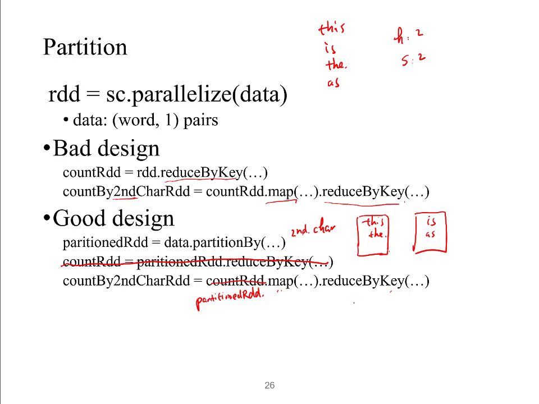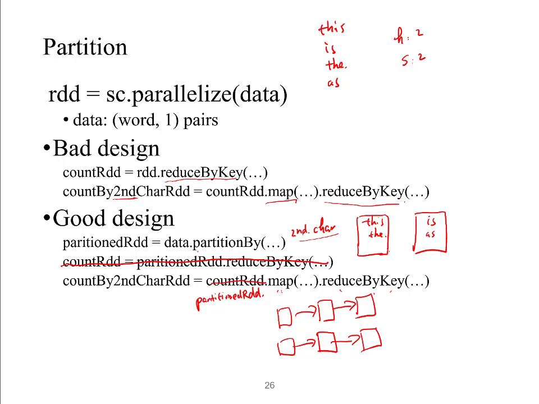But anyway, the purpose here is to show that if you have partitioned the RDD based on the second character, then the map and the reduce by key here, although reduce by key conceptually is a wide transformation, would act like a narrow transformation.